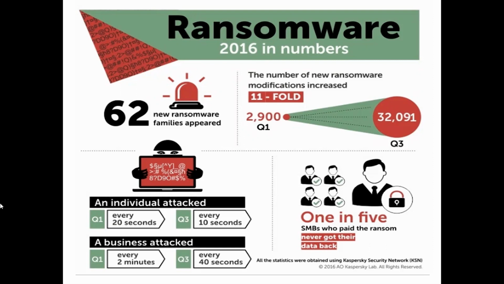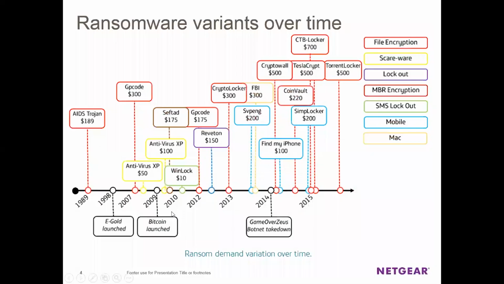So, getting to the ransomware landscape, just to see how big it is and how it has changed in the last year. The first ransomware is quite old, guys. It's 1989, so it has been around for a long period of time, but it really picks up in 2010 and after.